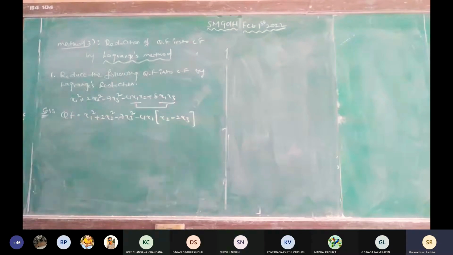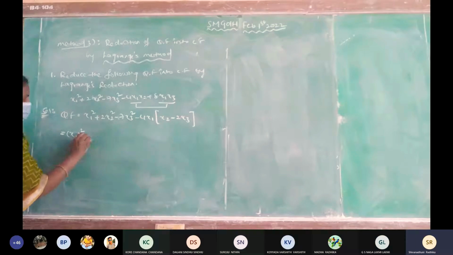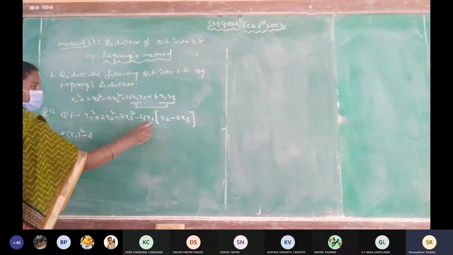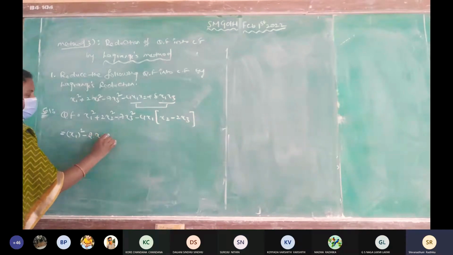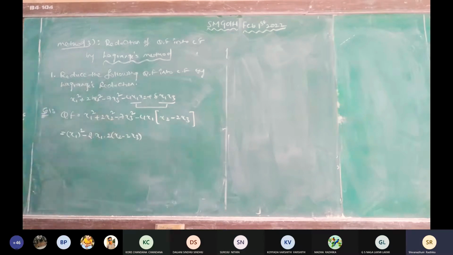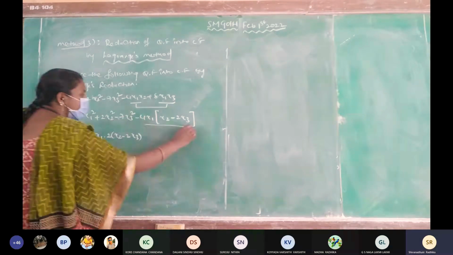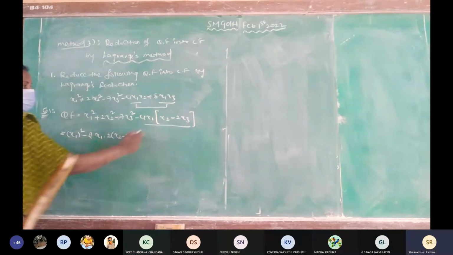First step completed. Now, I am going to write x1 square as x1 whole square. Now, the combination I am going to consider here is minus 2 into x1 into 2 of x2 minus 2x3.